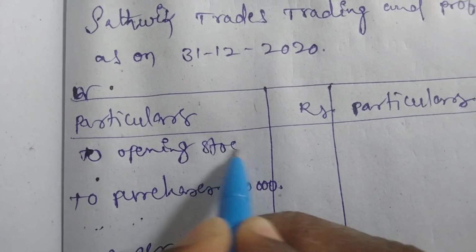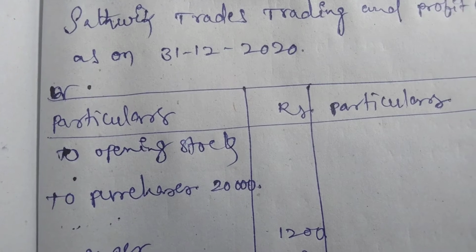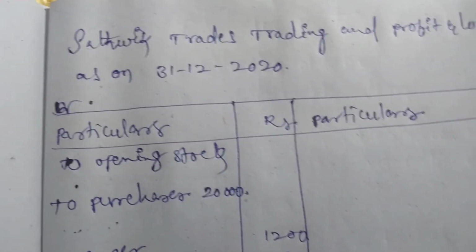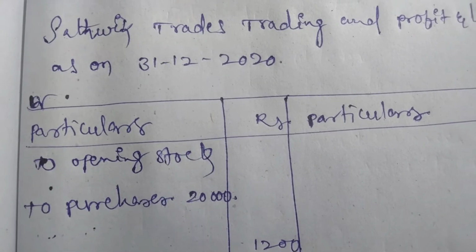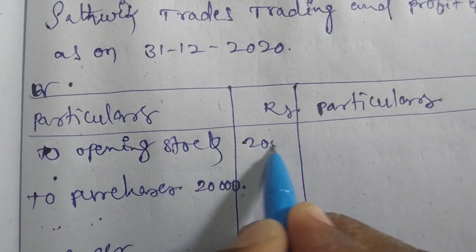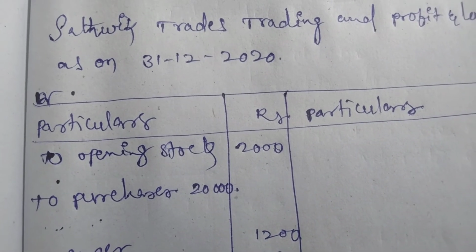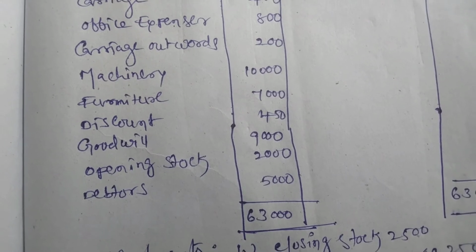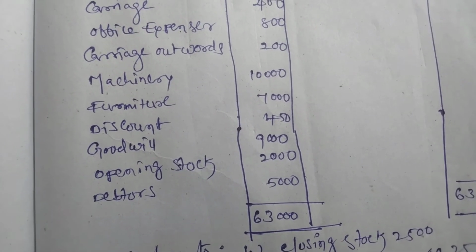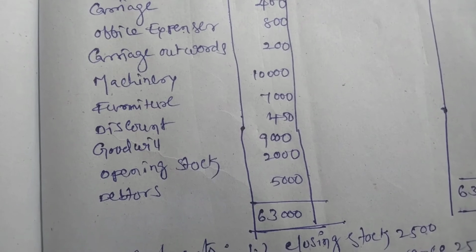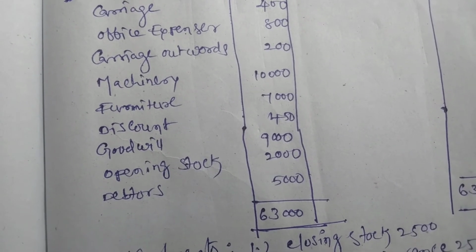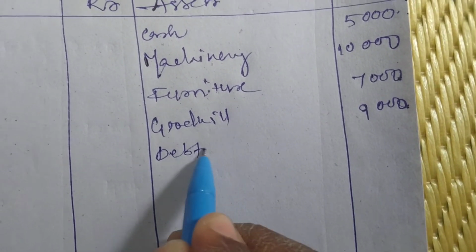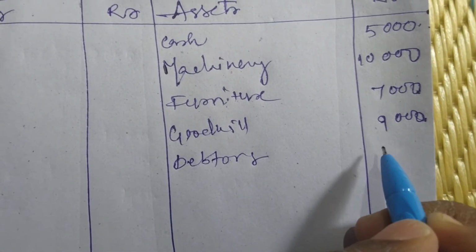It is mentioned on the debit side of the trial balance, so write it on the debit side of the trading account, 2,000 rupees. And next one is debtors 5,000. Debtors belong to assets, so they are recorded on the asset side of the balance sheet, 5,000.